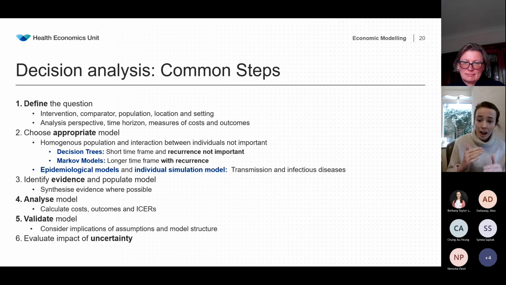The third step after you've chosen your appropriate model is to then identify evidence and populate that model, synthesizing evidence where possible. Analyze the model, so calculate out the costs, outcomes, and ICERs, and then validate the model and consider the impact of uncertainty.